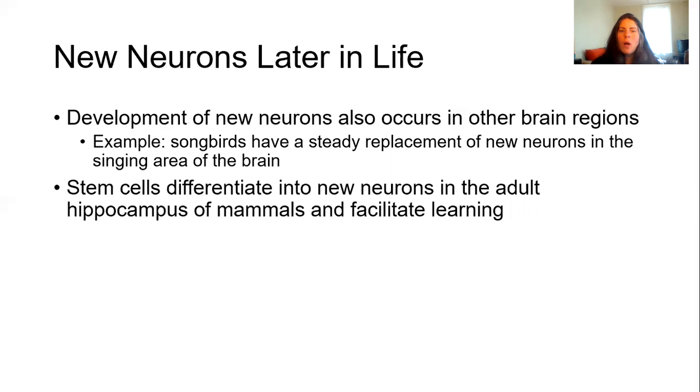We see in songbirds that there's a steady replacement of new neurons in the singing area of the brain every spring when the songbirds begin to sing.